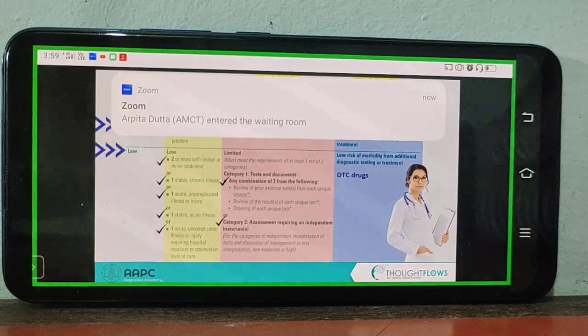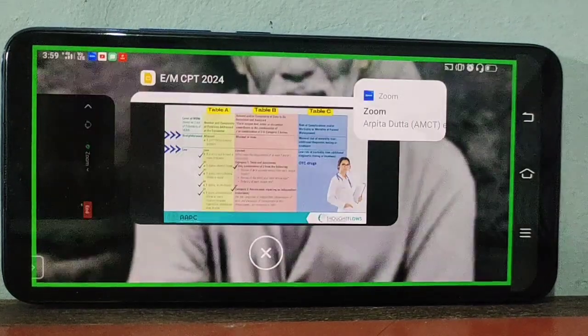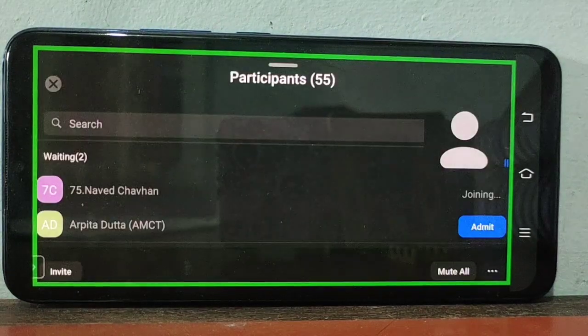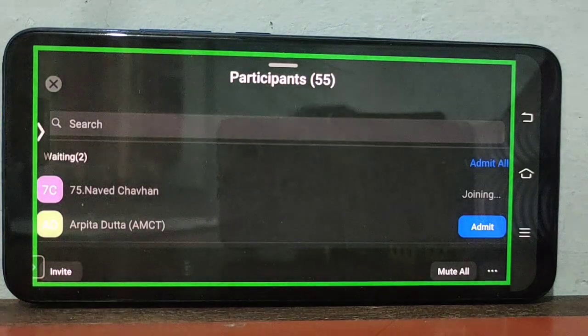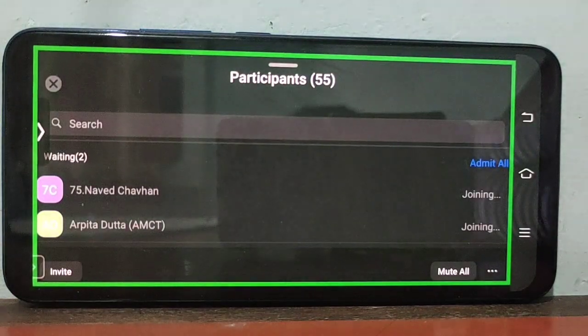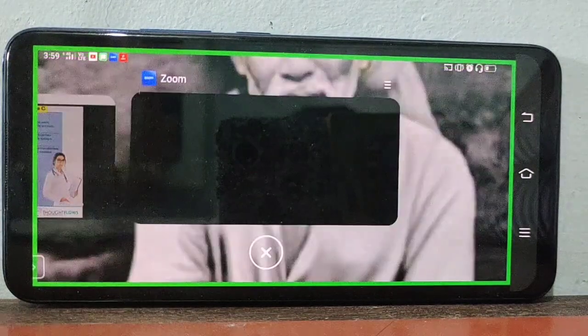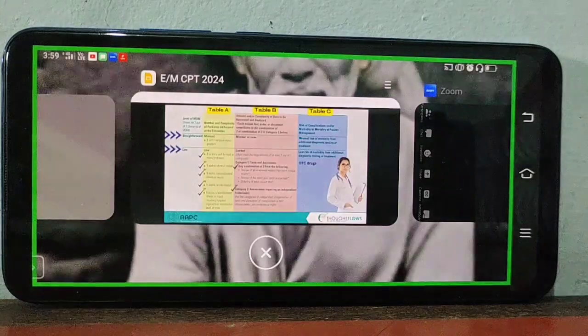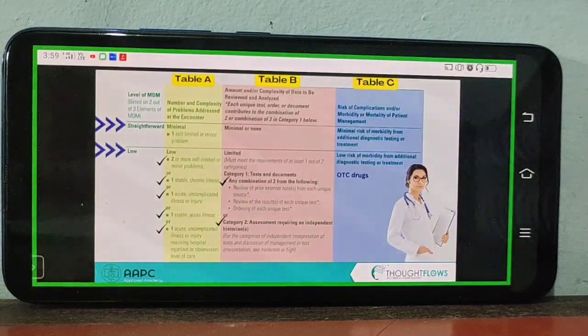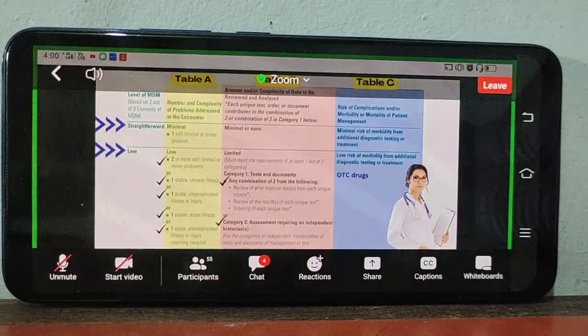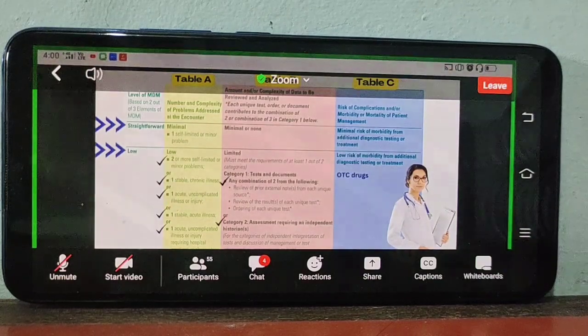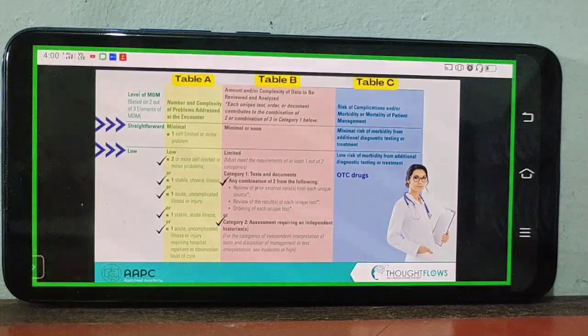Due to the patient's age or due to the physical concern of the patient, the patient has an uncomplicated illness or injury, but the patient is admitted into the hospital. So that will get 1 point.